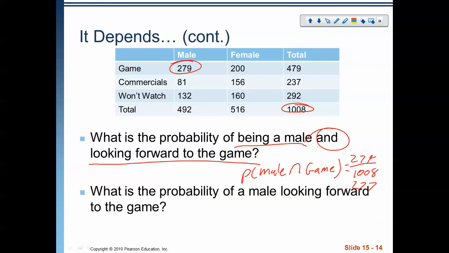That is prior information. So what we're looking for here, the male is a given condition. We know it's a male looking forward to the game. Well, that would be game given male.